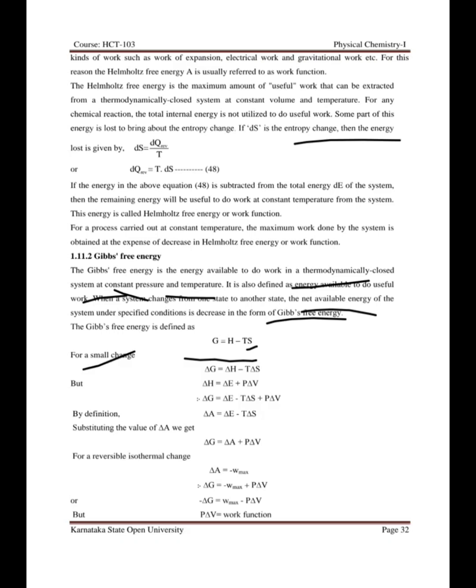So further it can be written as delta G is equal to delta H minus T delta S. Substituting the values, as with delta A, you can get the delta G value.